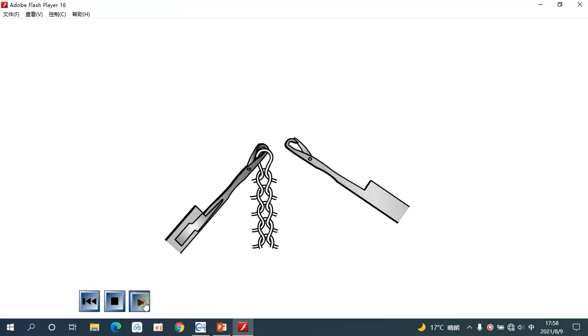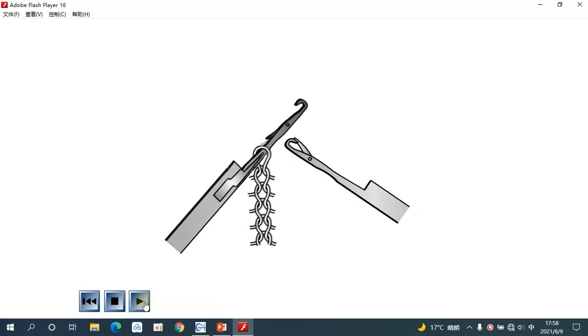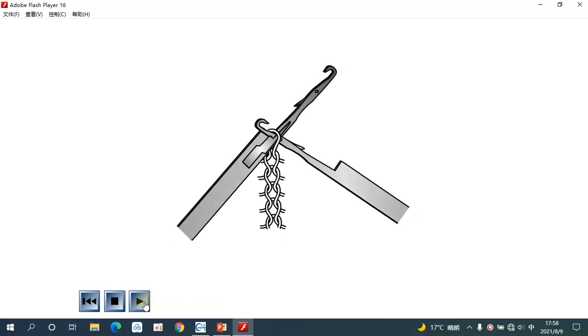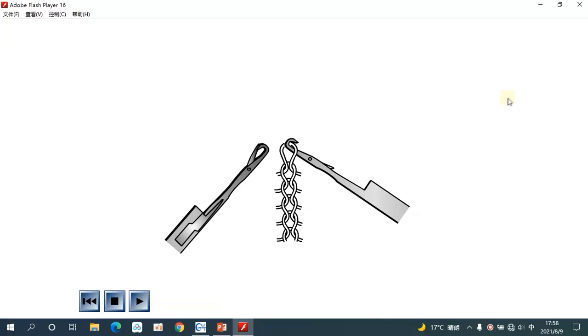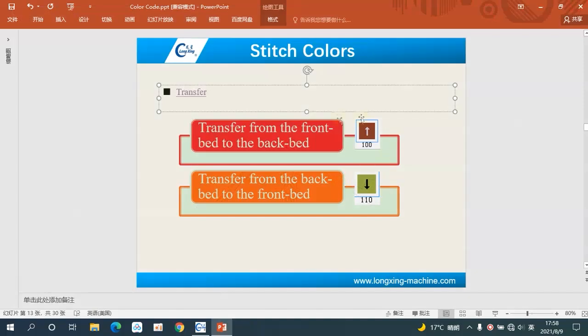See again. Color 100 represents transfer from the front bed to the back bed. Color 110 represents transfer from the back bed to the front bed.